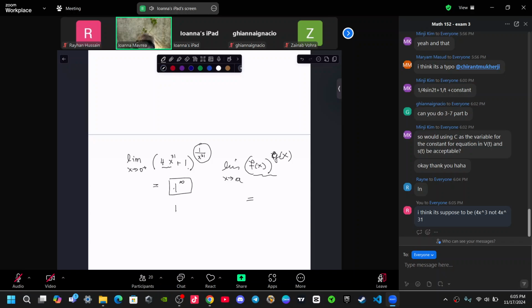Because 1 to any number, like 4 and a bunch of 9s, is still 1. 1 likes to keep things at 1. 1 to negative whatever actual number is still 1. -9999, still 1. Right? 1 wants to keep things at 1, but the power of infinity wants to expand things, make them huge. So who's going to win? We don't know. So that's the indeterminate form. It's a tug of war here.